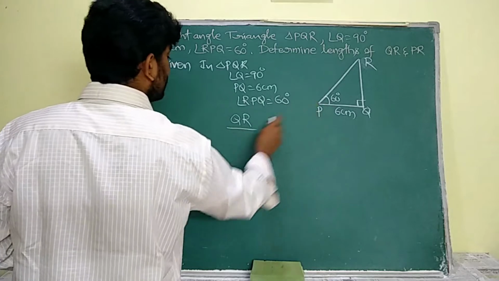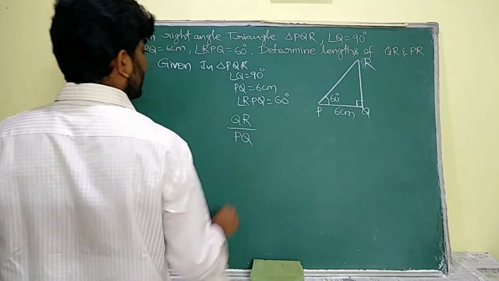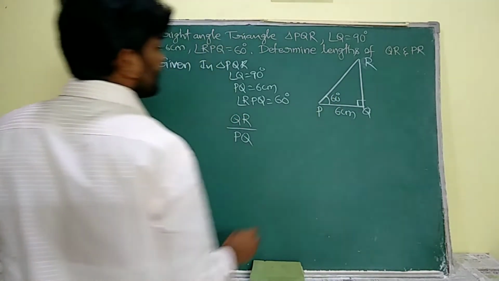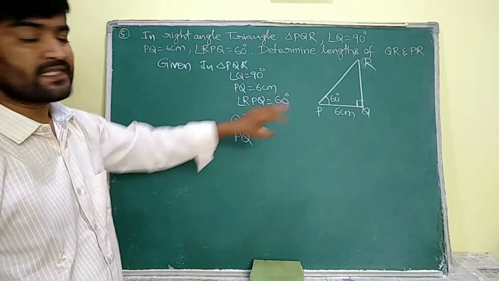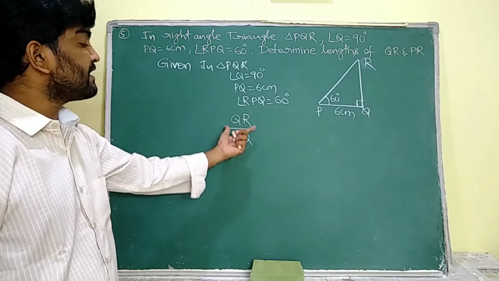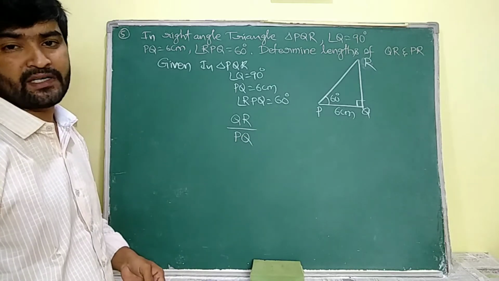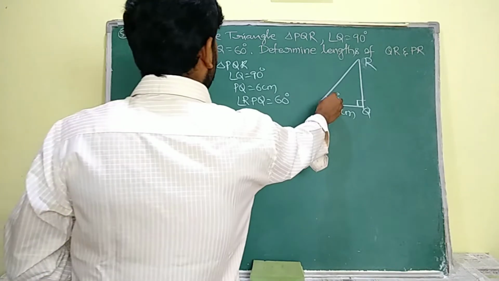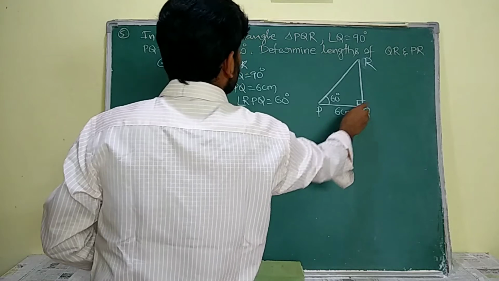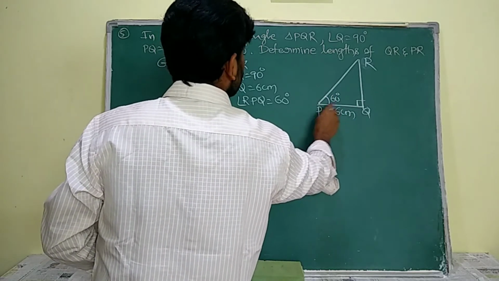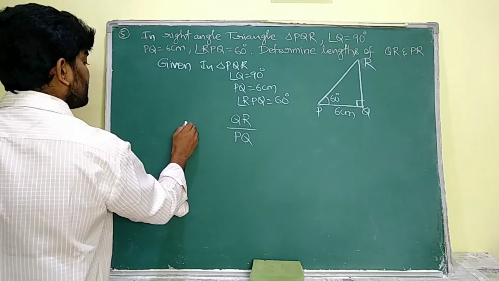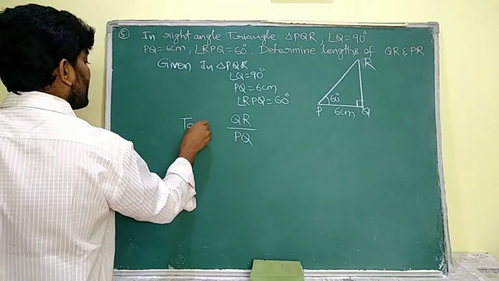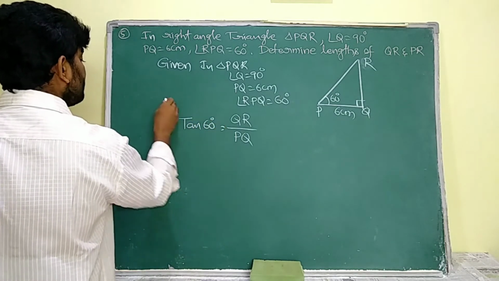The known side in this triangle is PQ and the known angle is 60 degrees. With respect to 60, QR is the opposite side and PQ is the adjacent side. Opposite by adjacent means tan, that is tan 60 degrees.